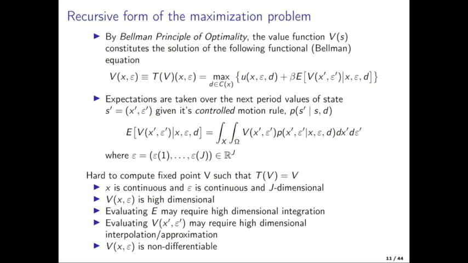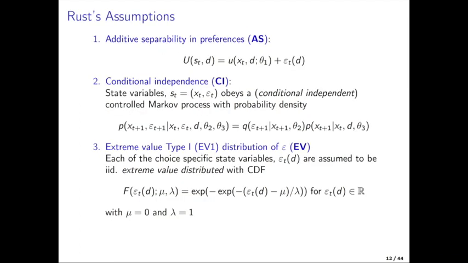That has severe implications when you want to do structural estimation, because all of a sudden you get numerical difficulties when trying to maximize a likelihood function that depends on non-differentiable objects. You can't use gradient-based solvers and so on.